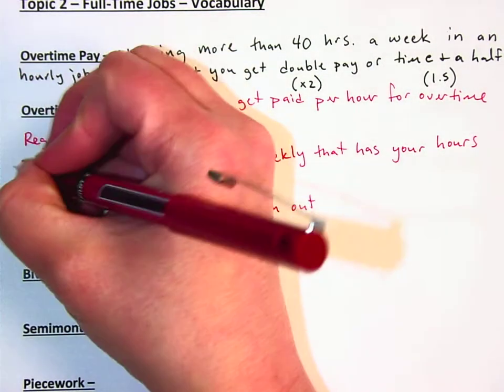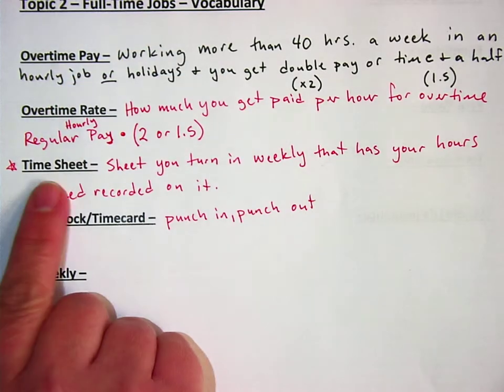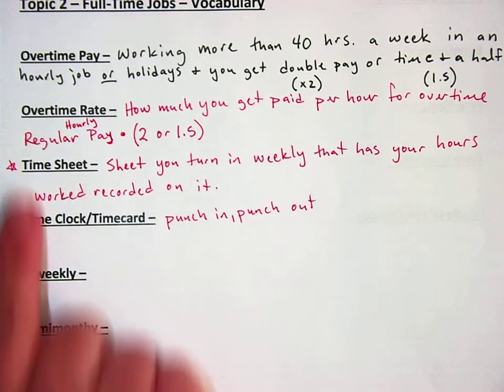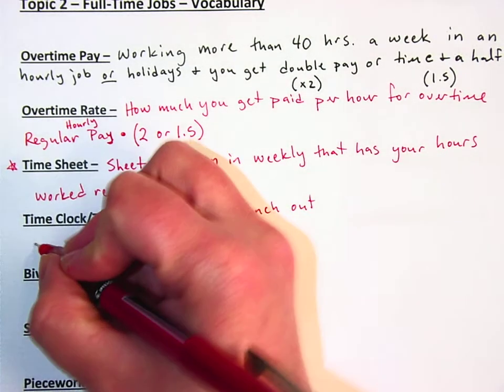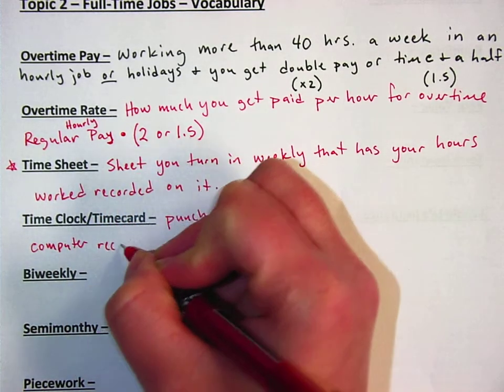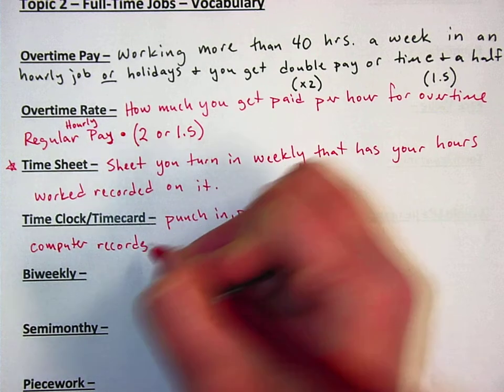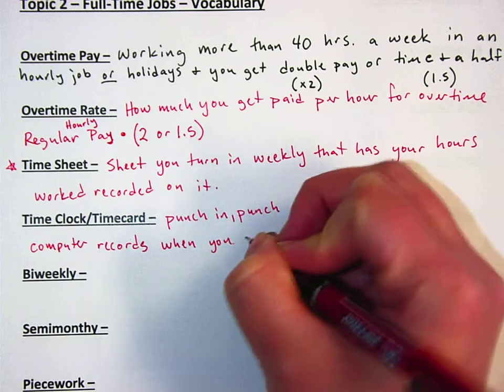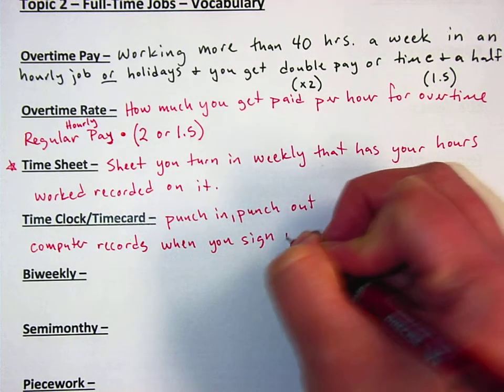So this one is when essentially your employer trusts you to tell them what time you worked yourself. This is self-reporting, and this is a computer. So this is a computer that records when you sign in or out.